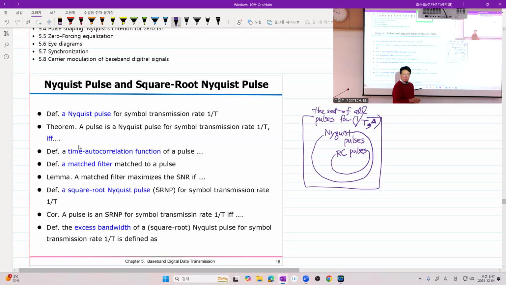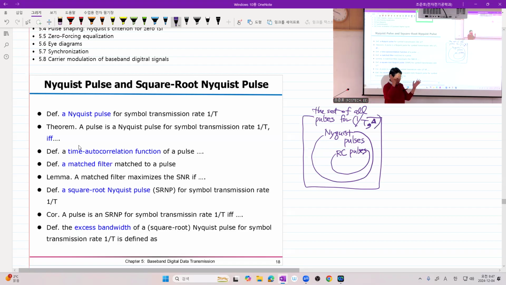raised cosine pulse. As the name says, you have a cosine function in the frequency domain and raised, which means that you upshift. So the cosine function is always non-negative.